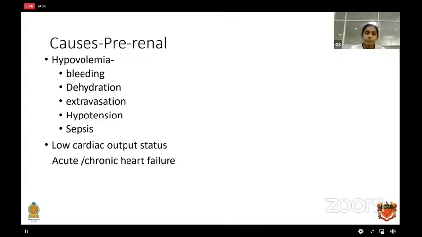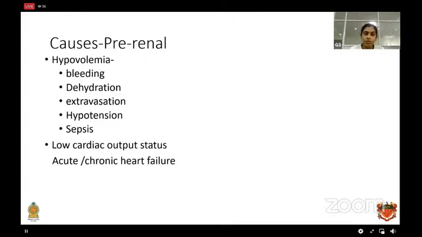Extravasation of fluids with inflammatory conditions, and then hypotension for any reason. Hypovolemia is common with sepsis, and you will learn about sepsis in the next lecture. So those are the causes of hypovolemia.